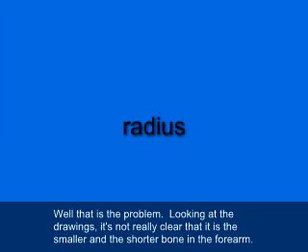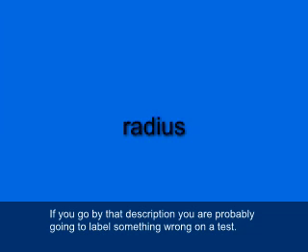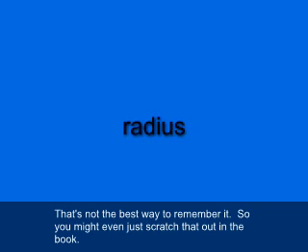Well, that's the problem. Looking at the drawings, it's not really clear that it's the smaller and shorter bone in the forearm. If you go by that description, you're probably going to label something wrong on a test. That's not the best way to remember it, so you might even just scratch that out in your book.